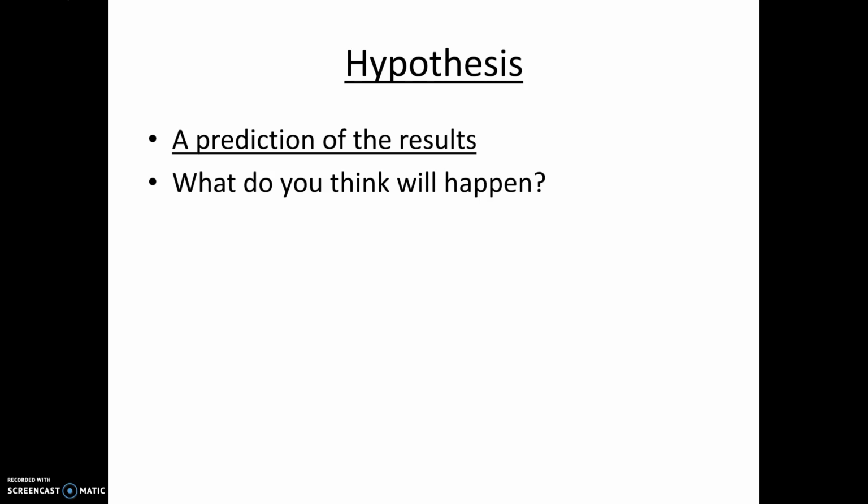Then with all good experiments, we need a hypothesis. This is a prediction of our results. So what do you think is going to happen when you take a look at your experiment? You're going to take a look at your independent variable, you're going to take a look at your dependent variable, and try to make a prediction of what is going to happen. And we're going to use an if, then, because statement. So again, using the same example here, we have fertilizer as our independent variable, so we are going to be changing that.